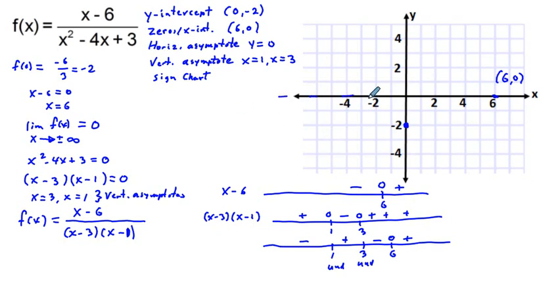So I'm just drawing this out here, y is equal to 0. Our vertical asymptotes: x equals 1, and x is equal to 3.